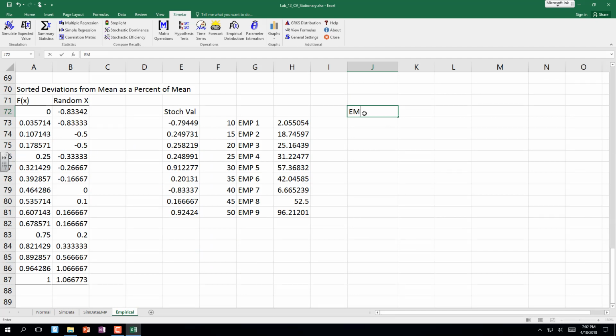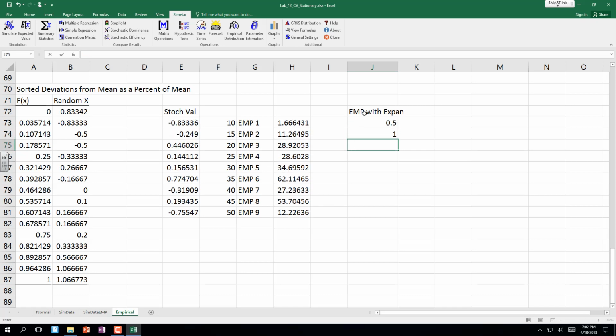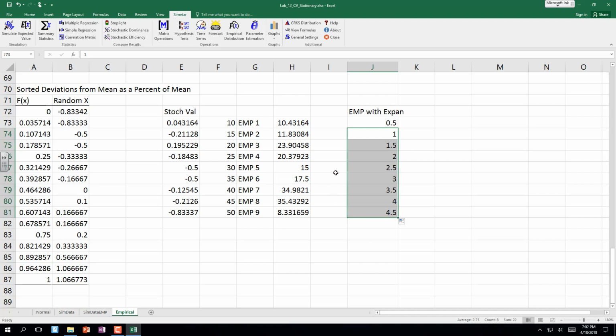So this is going to be an EMP with an expansion. Okay? So let's take that, we'll do 0.5, 1.5, and we'll just let that extrapolate. Gives nice big numbers. So this is going to be EMP E1.